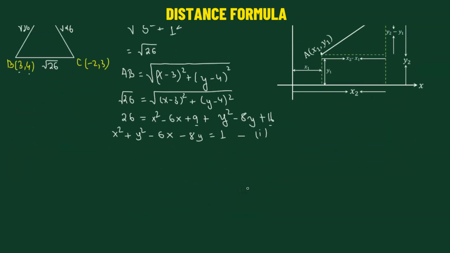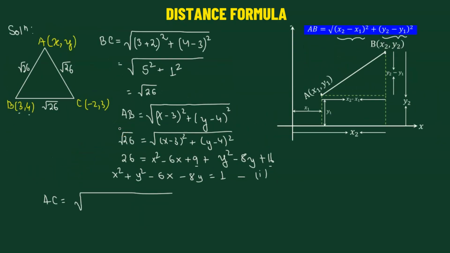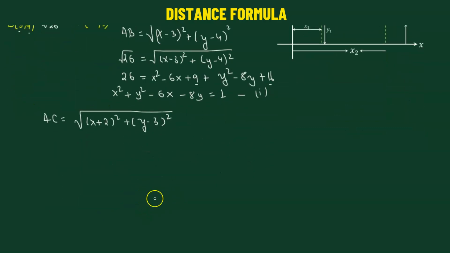Now we'll try to figure out the length AC. So AC, again, we can use the distance formula. Let's take the help of the diagram. So we have x minus of -2, that's the difference of the x coordinate, (x plus 2) whole squared, added to (y minus 3) whole squared. So let's find this value.